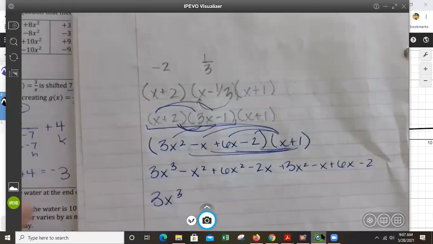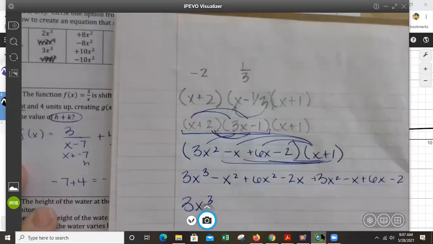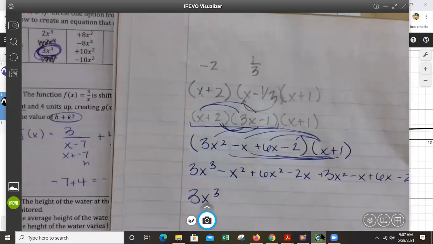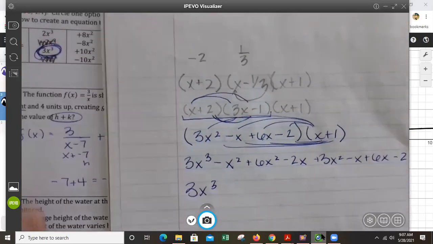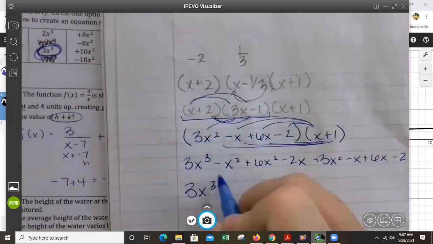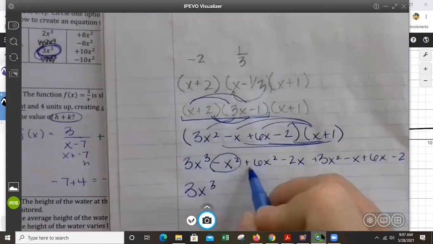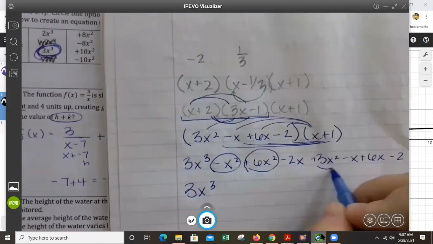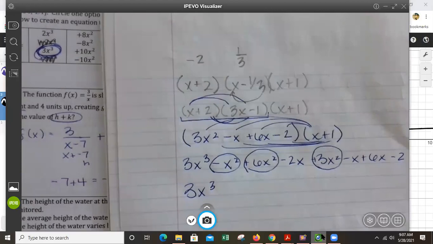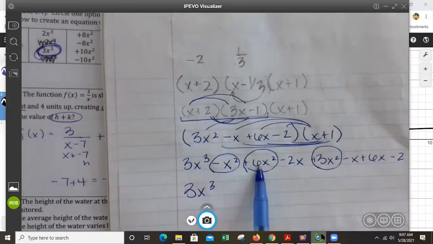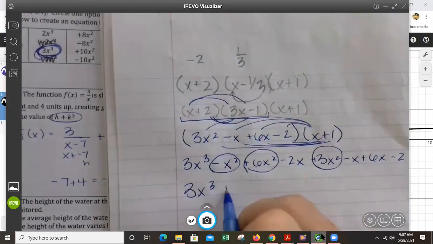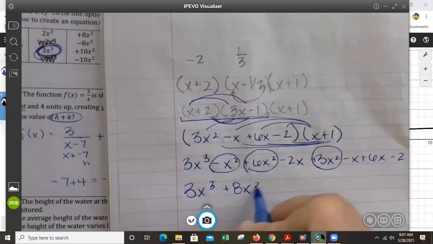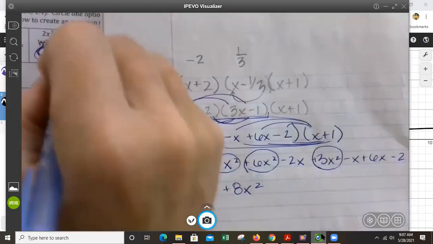What are we going to start with? A 3x cubed. Is everybody good with that? So that means this is going to be your beginning. We have a negative x squared, a 6x squared, a 3x squared. So negative 1 plus 6 is 5, plus 3 is 8x squared, which is this one.